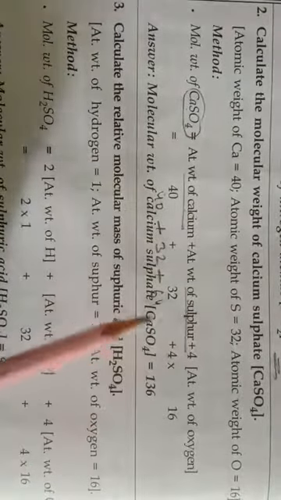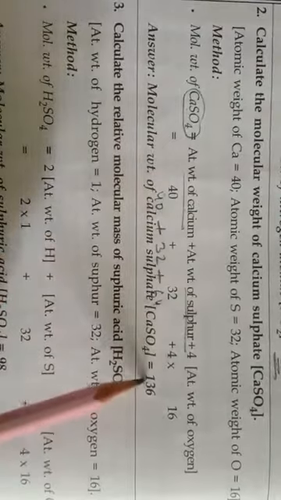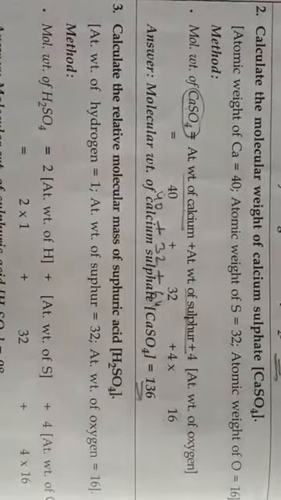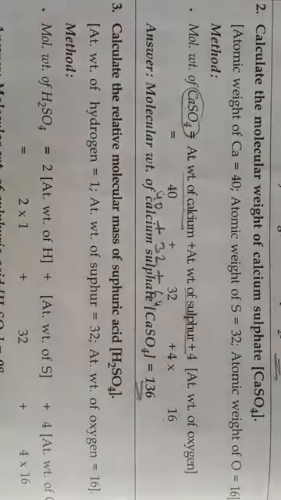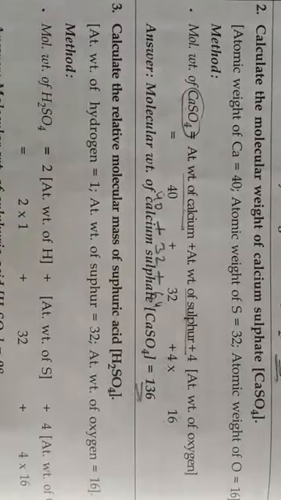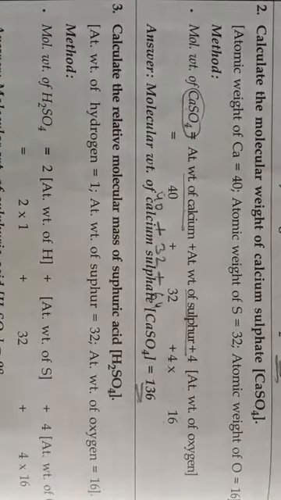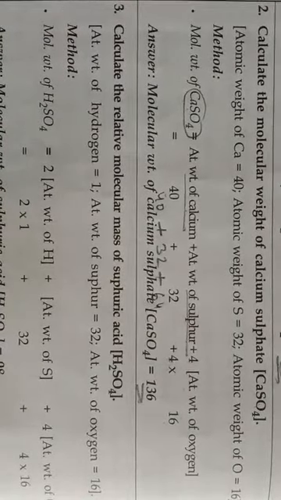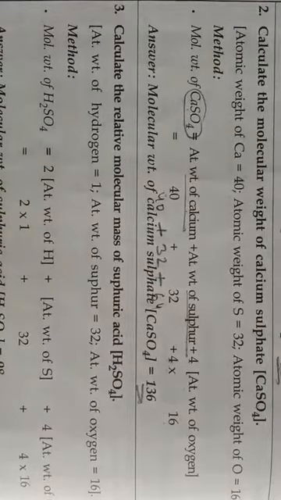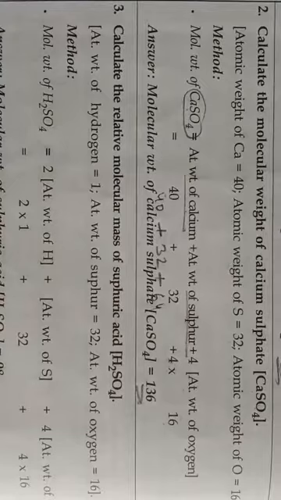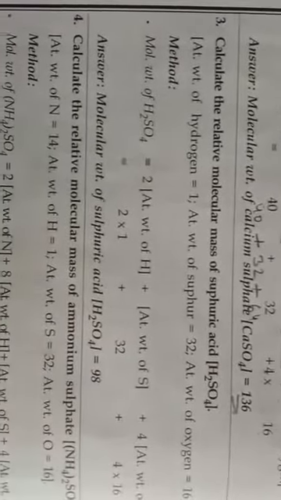Okay, children, and in total it will be equal to 136. So relative molecular mass of calcium sulfate will be 136, or simply you can say that molecular mass of calcium sulfate will be 136. Okay, children.